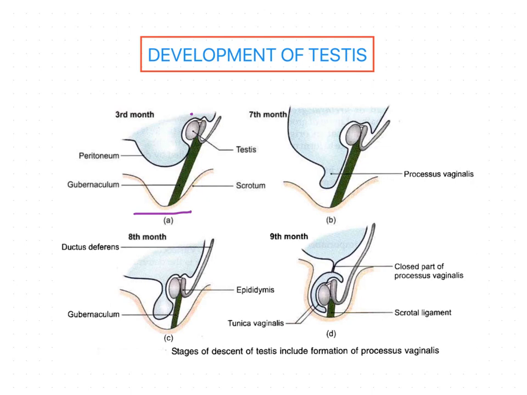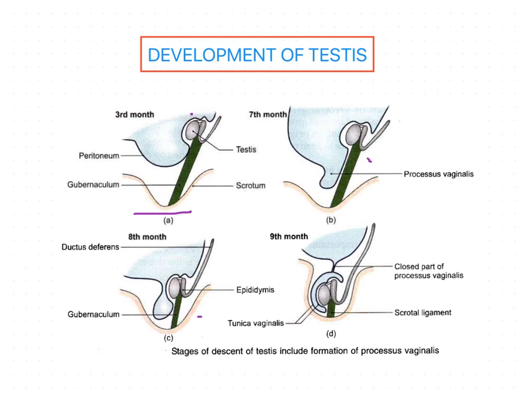Afterwards, it rests at the deep inguinal ring from the 4th to 6th month. So, it stays there from the 4th to 6th month near the deep inguinal ring. And by the 7th month, it traverses the inguinal canal.